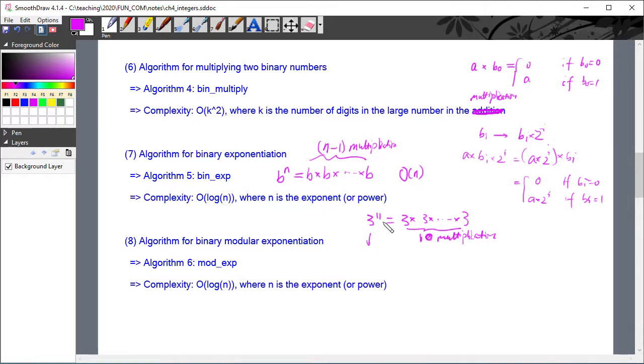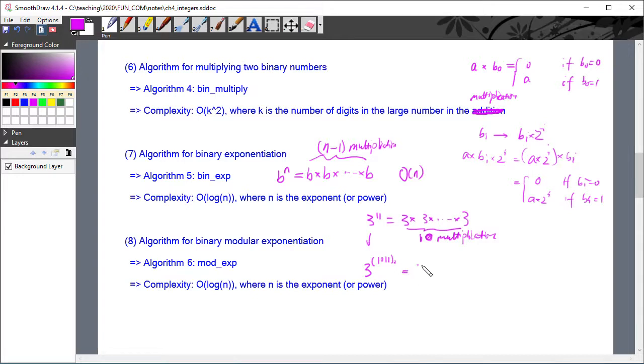But observe that when we represent this exponent n in binary form, 3 to the power of 1, 0, 1, 1 in binary. Right?